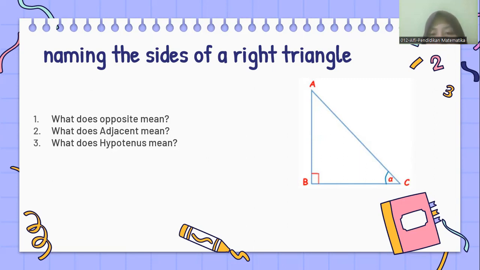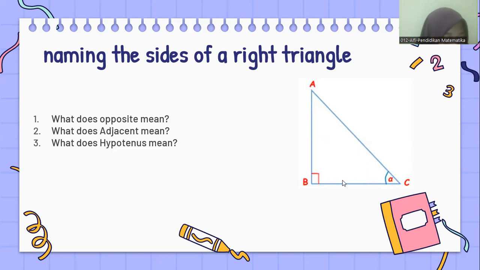What does opposite mean? From line IB. Good. What does adjacent mean? From line BC.